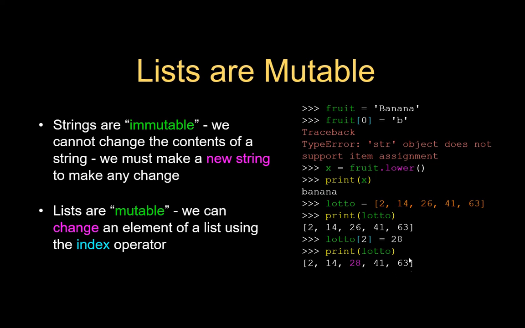In this case, we are going to replace that 26 with the new value, which is 28. When we print it, we get 26 replaced by 28. So this is an example of a mutable variable, which is list in this case, and the same idea of mutability does not apply to the string.